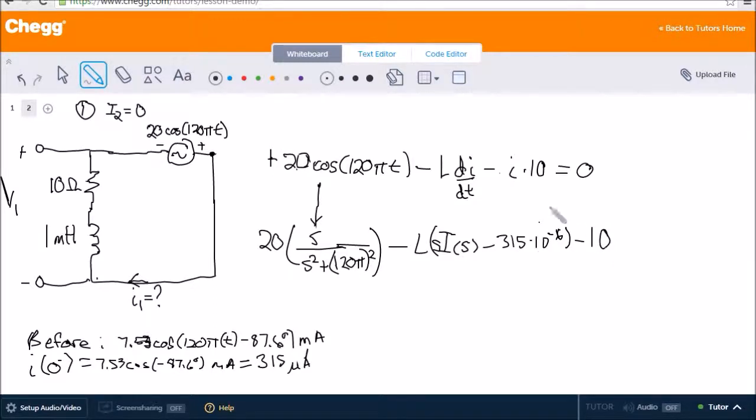And then if you take the transform of the function, you basically just get the function again, but in the frequency domain. So this is going to be capital I of s equals 0.